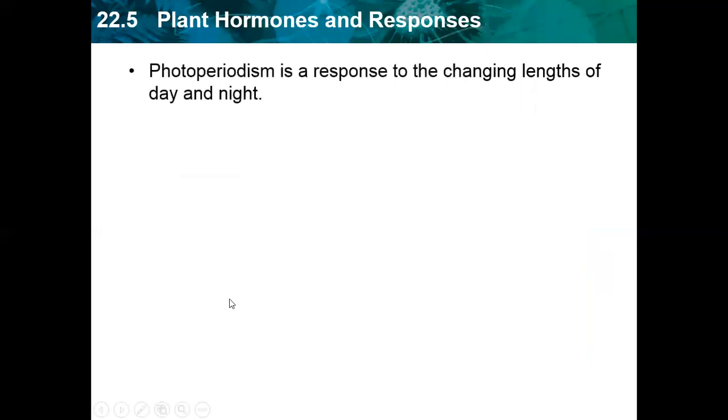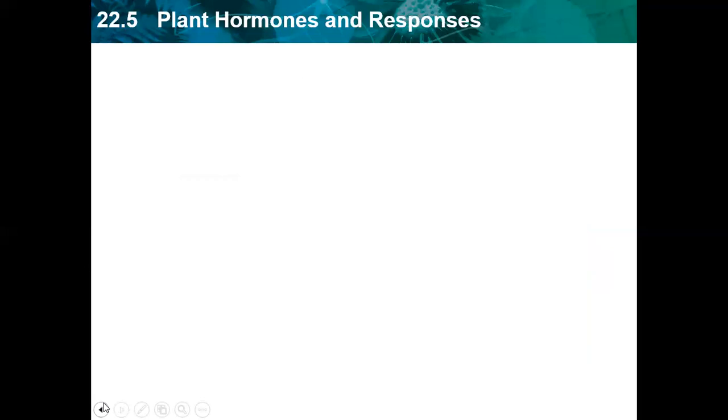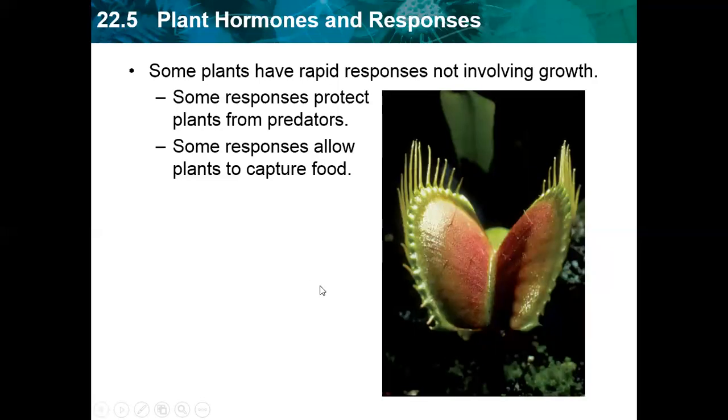For example, if a frog falls into that place, which we've seen before, you will notice that the frog will be captured. And that's the reason it says some responses allow plants to capture food. So they will capture the animal, and they use some chemicals inside them to break down the animal into smaller components, which can be absorbed into the plant body.